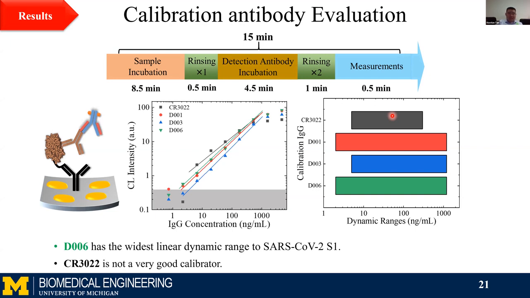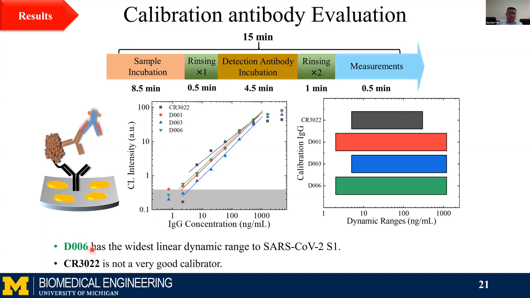And we are getting very sensitive and quantitative results, which is much better than the colloidal gold test strips. So from the results shown here, we can clearly see that CR3022 is not a very good calibrator.